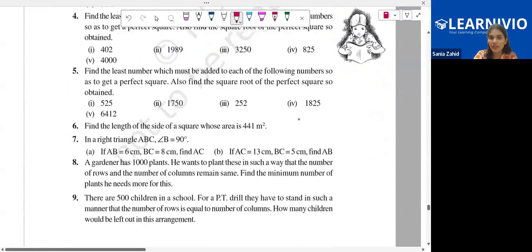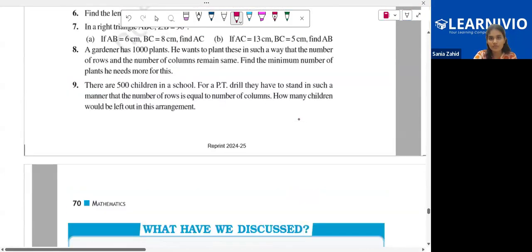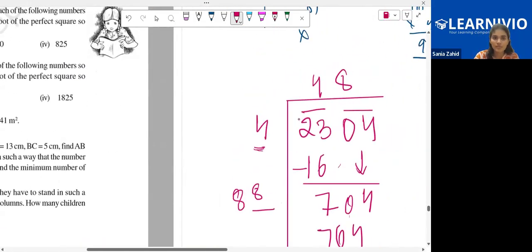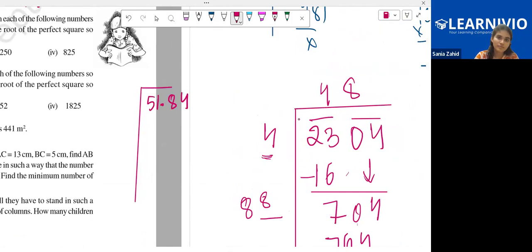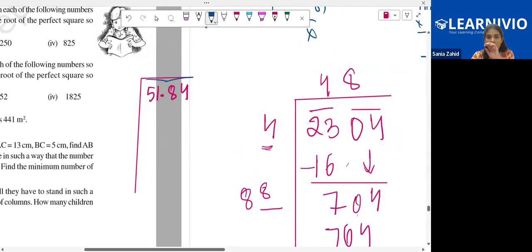Question is 51.84. Yeah, tell us the answer, Mustafa. Ma'am, we make the pairs of 84 and 51. The closest square number to 51 is 49. 7 sevens are 49. Then we have 2 left.